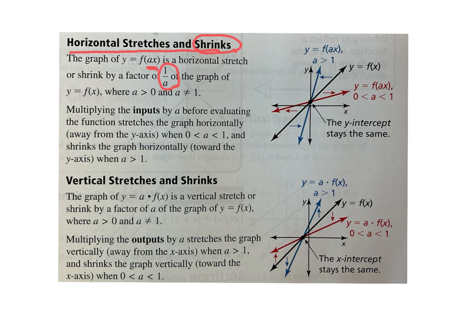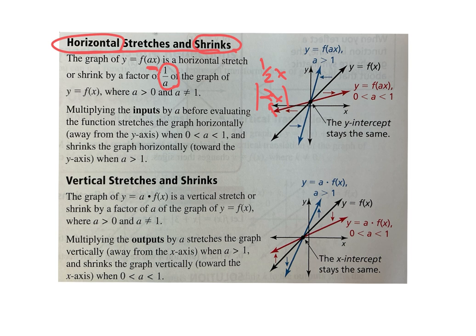Say a is 1/2. If you've got a 1/2 x, that'd be a horizontal stretch by 2. If it was a 2x inside the absolute value, it'd be a horizontal shrink by 1/2, by the reciprocal. So for horizontal, the number with the x has to be multiplied and has to be inside with the x.